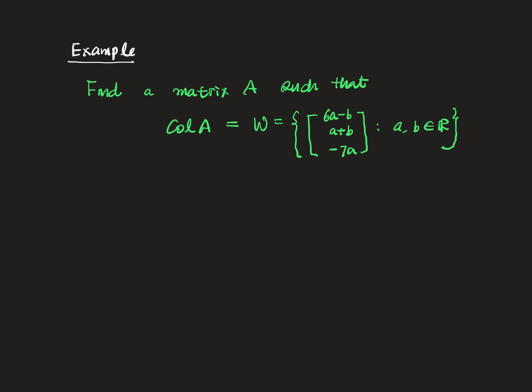So in this example we're going to find the matrix A such that the column space of A is given. We're going to figure out what A is, what the column vectors of A are, which generate the column space. You're going to start with this one, guys.